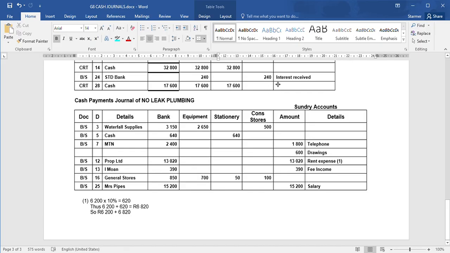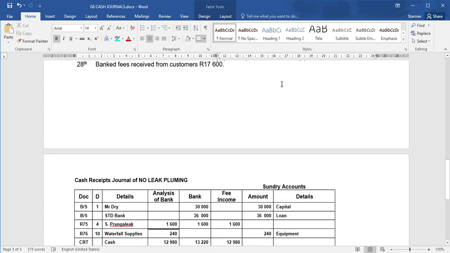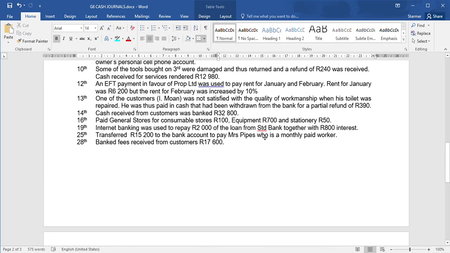You'll notice here I had a transaction for interest received. That transaction should have just said received interest. Instead of saying paying the loan, that should have actually said received interest. So you can change that on the question when you go to cover that.